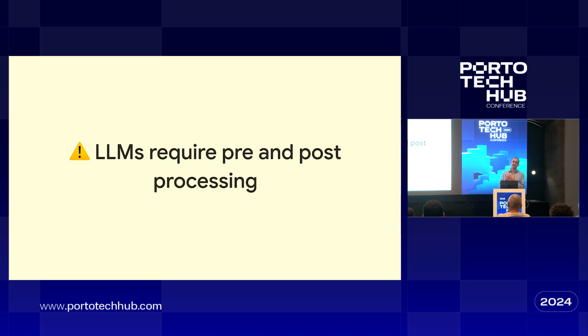So even though it's a single API call, typically you need to do more than that. For example, if you need to do RAG, which I'm going to talk about later, you need to pre-process your data, send it over, and then once you get the response back, you need to parse the output. So it's not just make a call and then everything works. You actually need to do a little bit of work around that. So you need to keep that in mind.